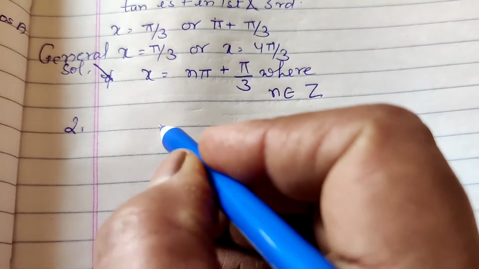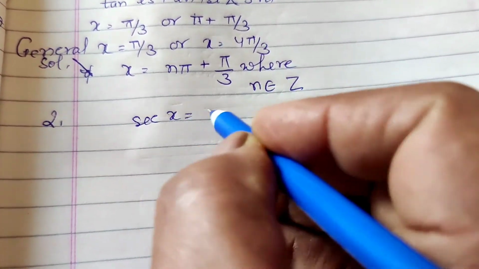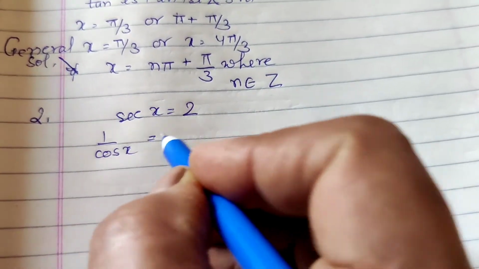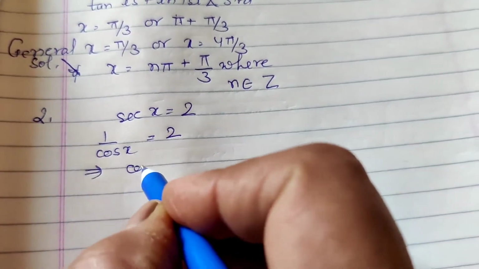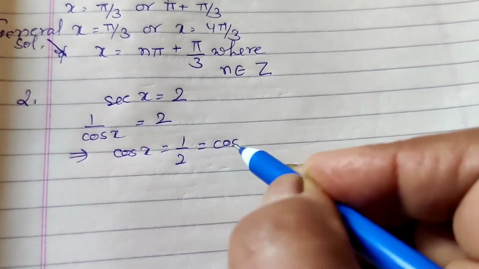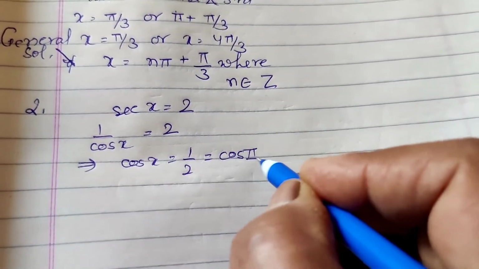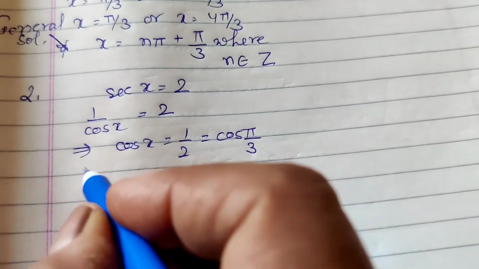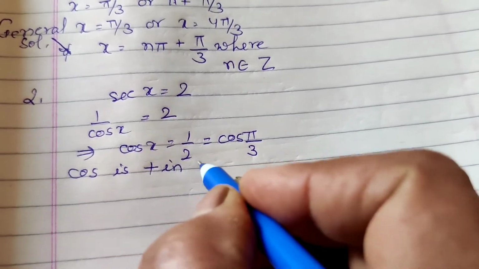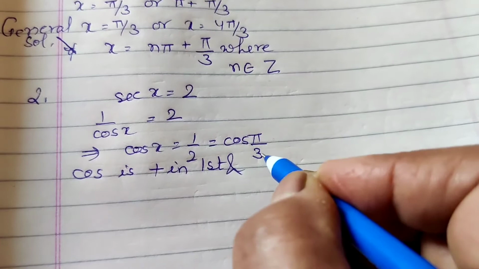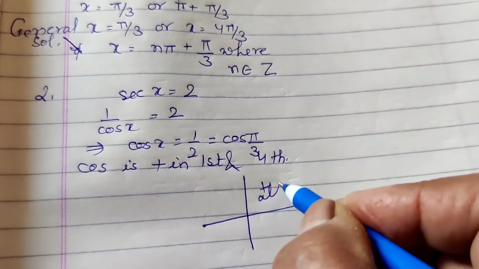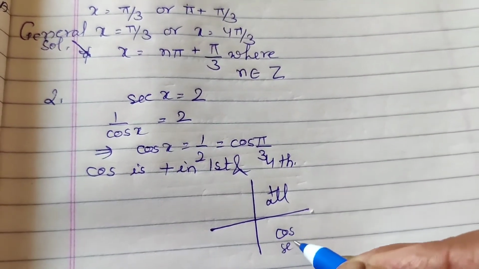Second question is sec x equals 2. Sec x equals 1 by cos x equals 2. It means cos x equals 1 by 2. The value of x for which cos x is 1 by 2 is pi by 3, that is 60 degrees. We know that cos is positive in the first and fourth quadrants.